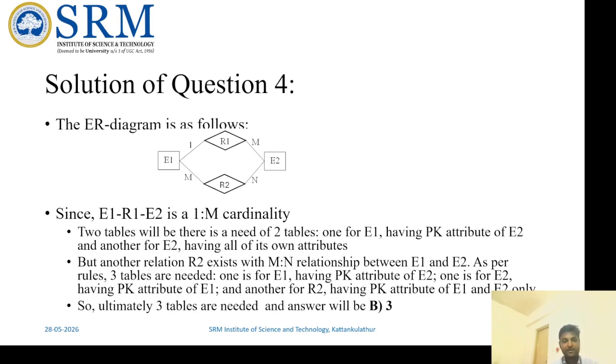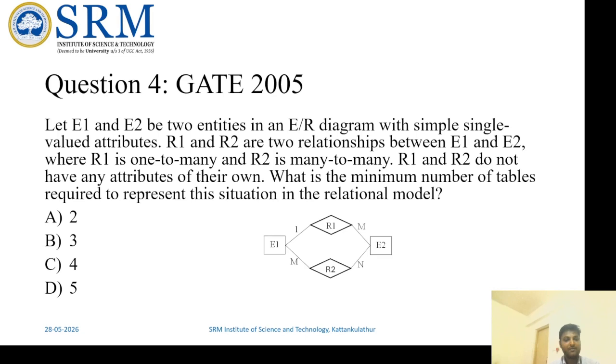Now, ultimately, for E1 there will be only one table, although I have told here two times, but that is only one table after consolidating. For E2 also, one table. For R1, there is no table, and for R2, there is one table. So ultimately, there are three tables, and so option B is correct here.